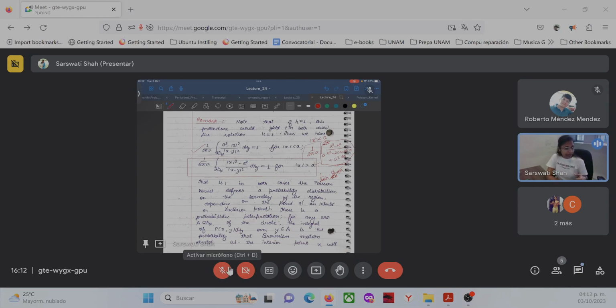The maximum principle says that the maximum of the absolute value of the function over the closure of the set is equal to the maximum of the absolute value of the function on the boundary.